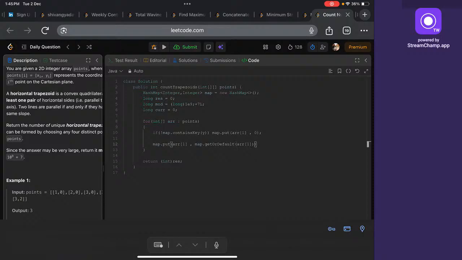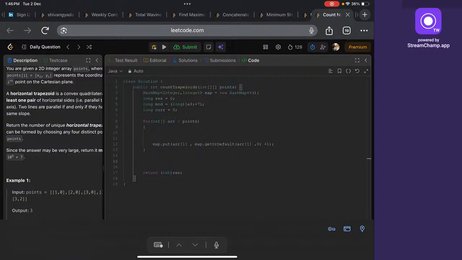Okay, I don't need this if condition. I can use the get or default method. Did I make any mistake in the syntax? Array of 1 map dot get or default array of 0 plus 1. For different y's we are getting different x, so I'm not accounting for x, I'm accounting for the count.